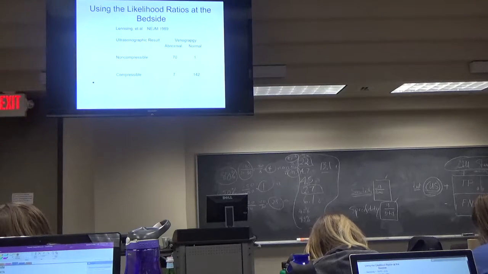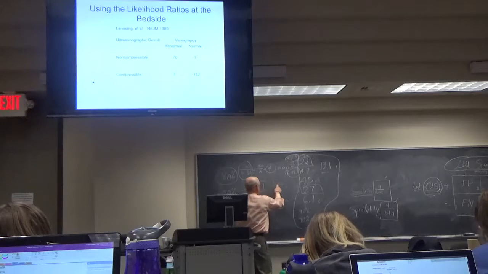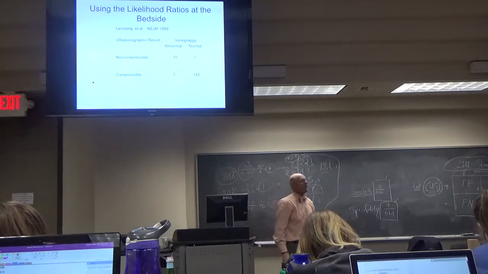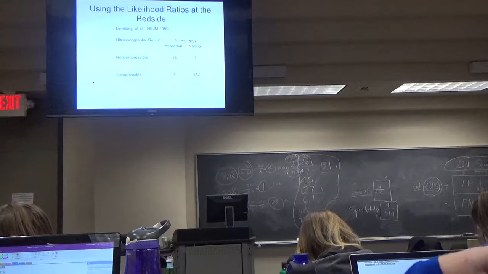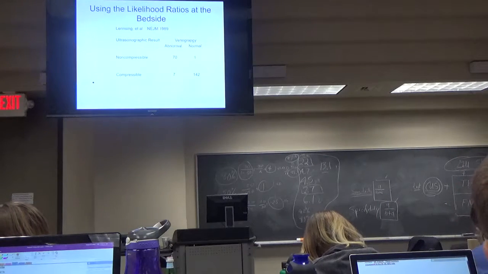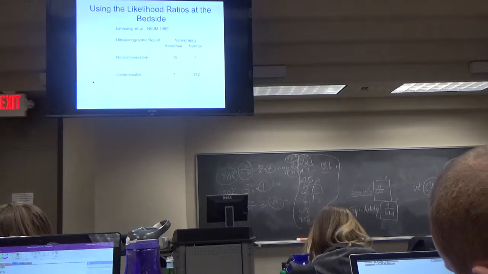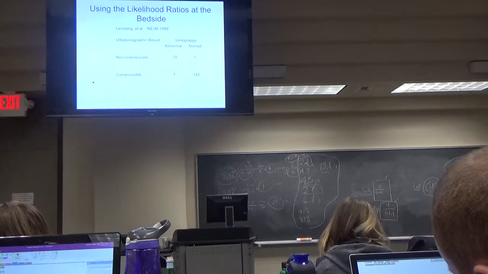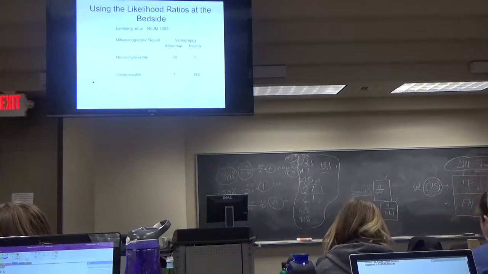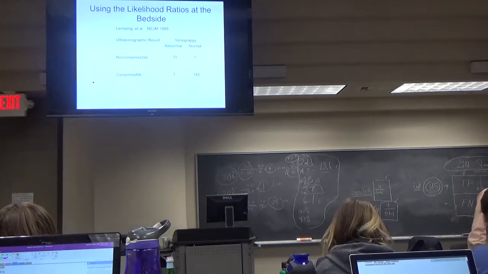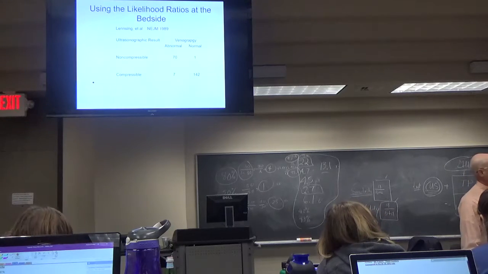The number we have to remember for a 50% pretest probability is 1. We take that times the likelihood ratio negative. 1 times 0.1 is 0.1, right? And now we divide that by 1.1, because we add 1 to it. What's 0.1 divided by 1.1? 0.09. So it's 9%. Now you've taken your 50% pretest probability down to 9%. And the question is, is that helpful?